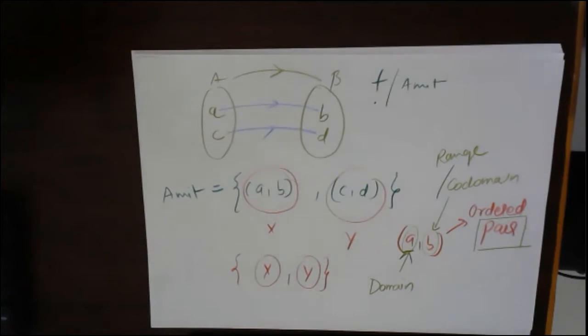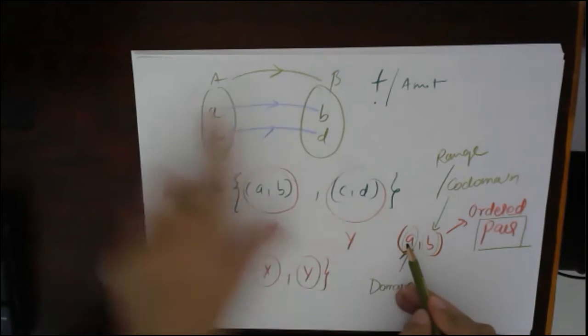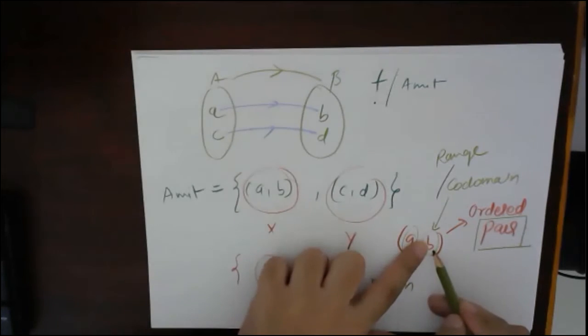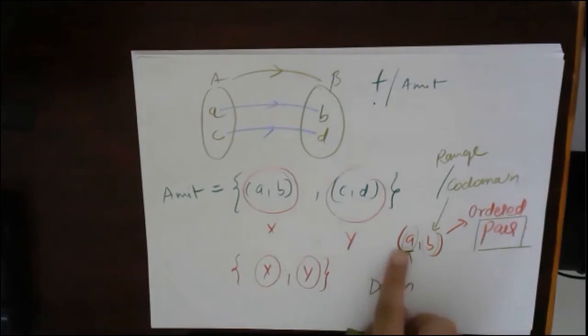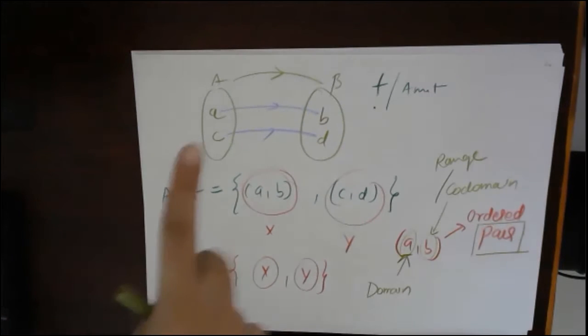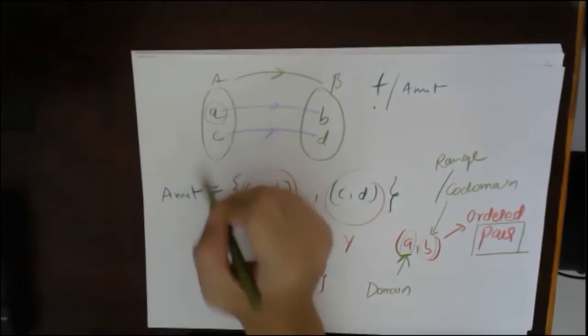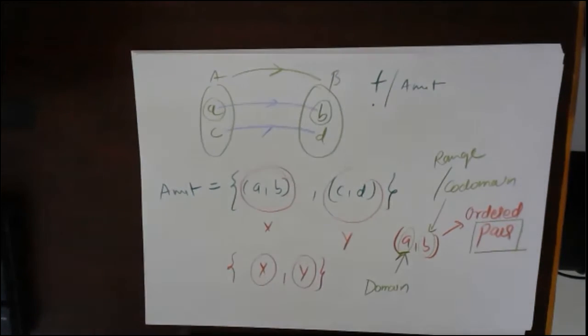It is ordered because the first element is always coming from the domain and the second element is always coming from the codomain. A comma B means there was a relation in which the domain contained A and the range contained B. Understood?